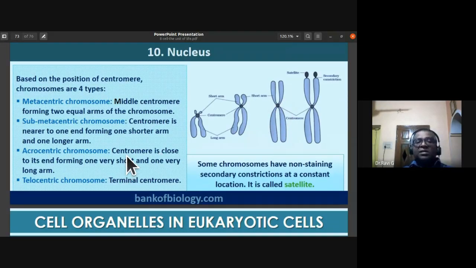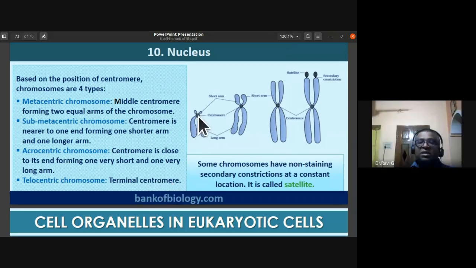In the acrocentric chromosome, the centromere is close to its end, forming one very short arm and one very long arm. They are subterminal in position.